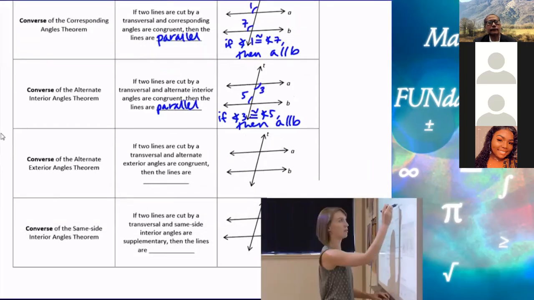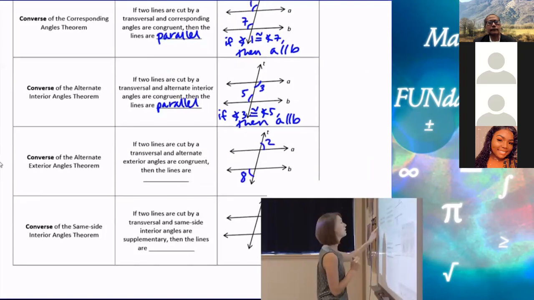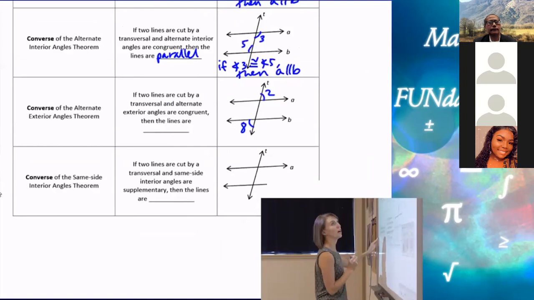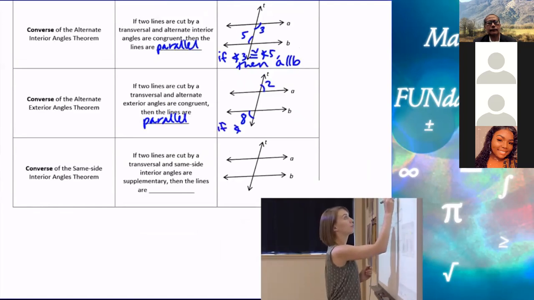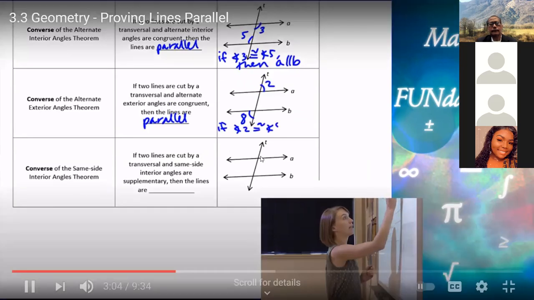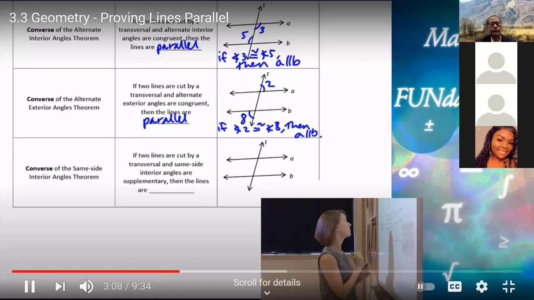And in this example, let's mark angles 2 and 8 congruent. All right, so then I can say that the lines, again, are parallel. So if angle 2 is congruent to angle 8, then A is parallel to B.